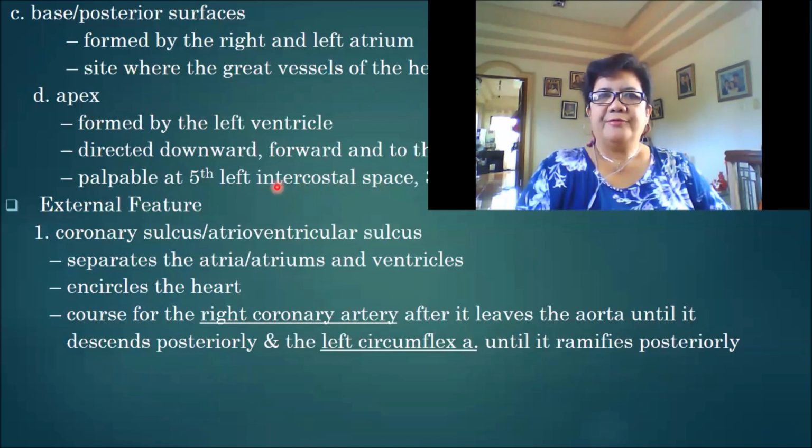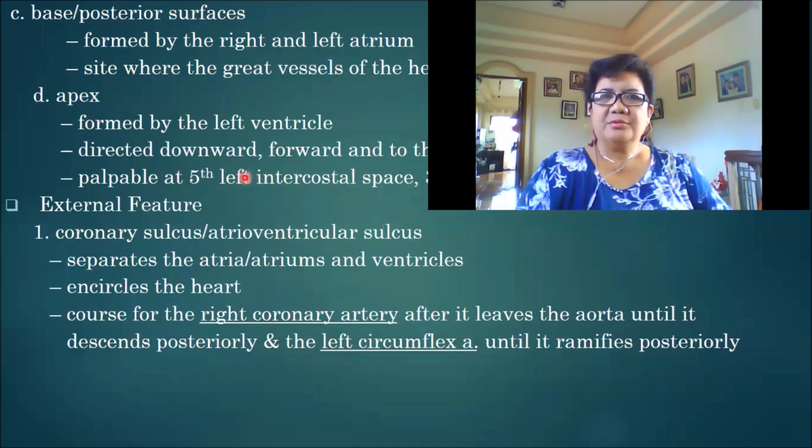Now for multiparous women, those who have had several children, those who have been lactating from their first child to the succeeding ones, this can cause a dropping of the breast, covering the fifth left intercostal space.